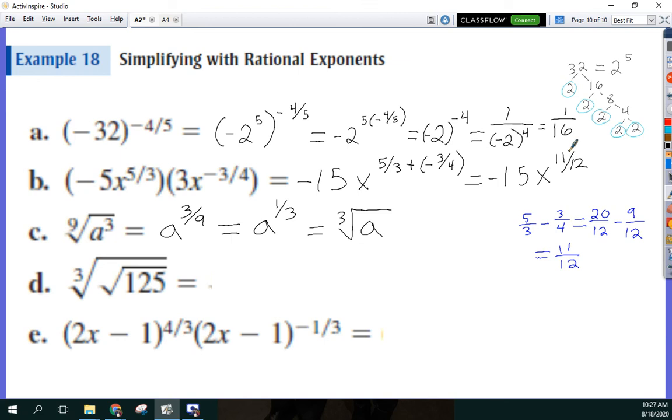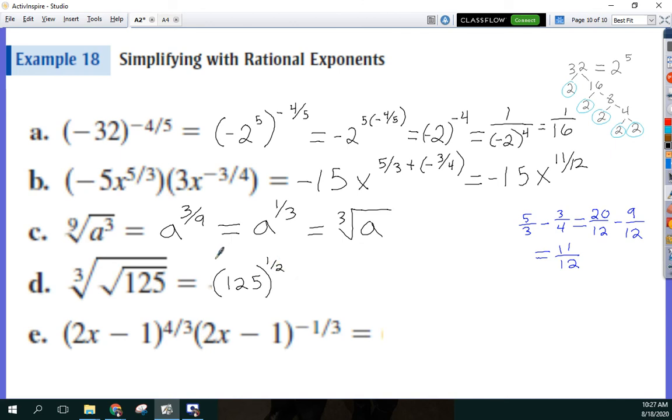Now, I have the 3rd root of the square root of 125. So again, we could simplify this just using our radicals. However, we are practicing with rational. So we're going to go ahead and rewrite this. So 125, the square root of that, I would rewrite it as 125 to the 1/2 power.